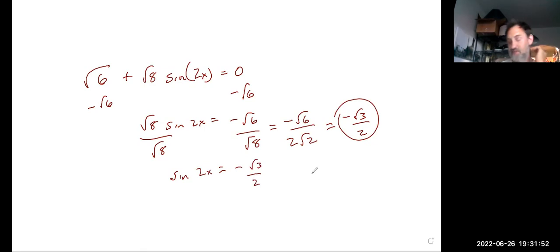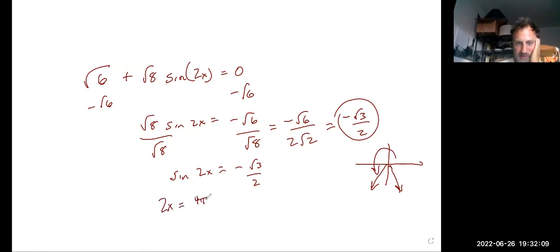All right, so where does sine equal negative root 3 over 2? It happens here and it happens here. So that's 4 pi thirds and 5 pi thirds. 2x equals 4 pi thirds and 2x equals 5 pi thirds.